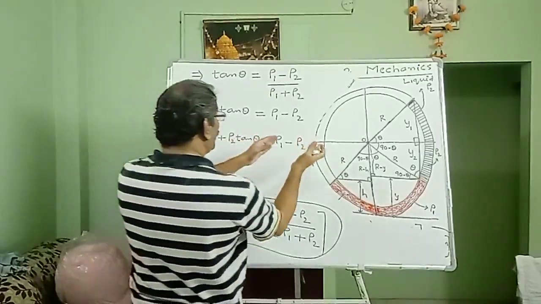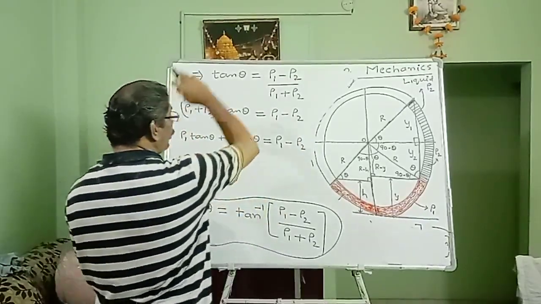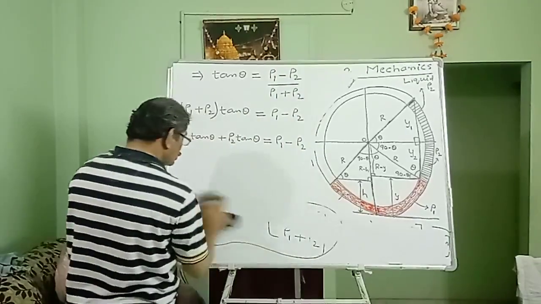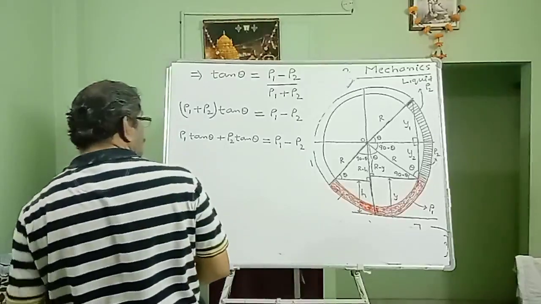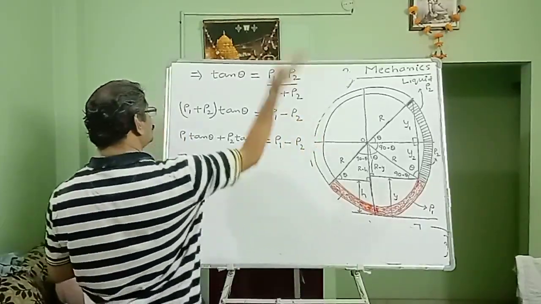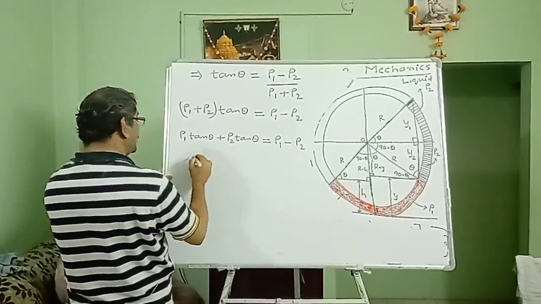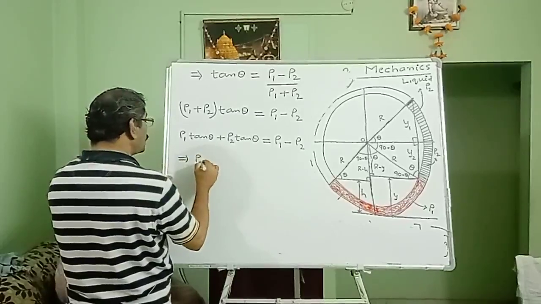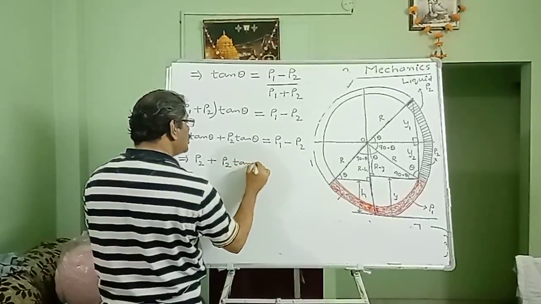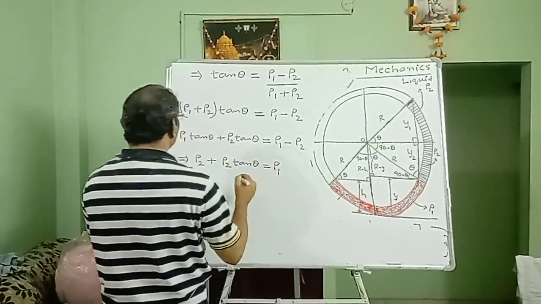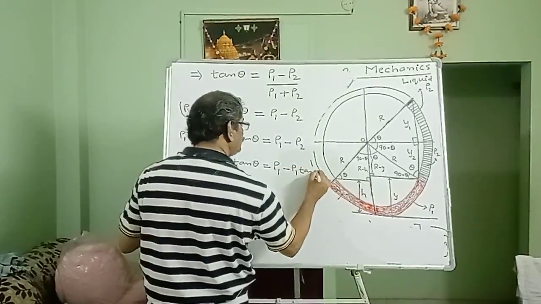Now what do you do? Bring rho 2 on the left hand side and rho 1 on the right hand side. Rearrange the formula. Further, now what you are going to get: rho 2 plus rho 2 tan theta will be numerically equal to rho 1 minus rho 1 tan theta.